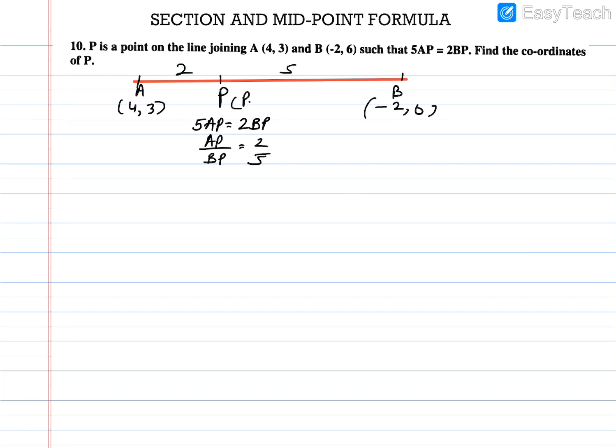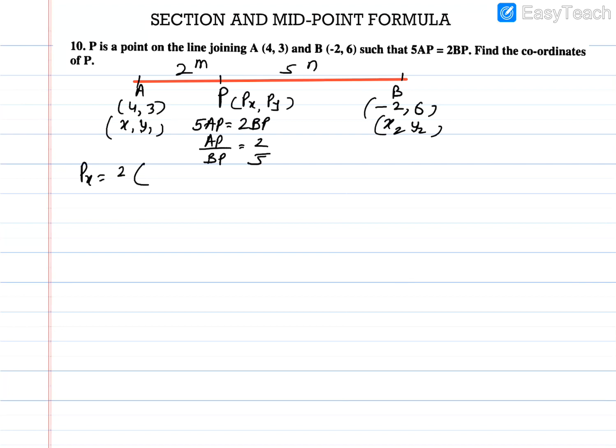Then use section formula to calculate Px and Py, that is coordinates of P. Let this be x1, y1, and let this be x2, y2. Let this be m and let this be n. So I'll write section formula for Px as mx2 plus nx1. M is 2.